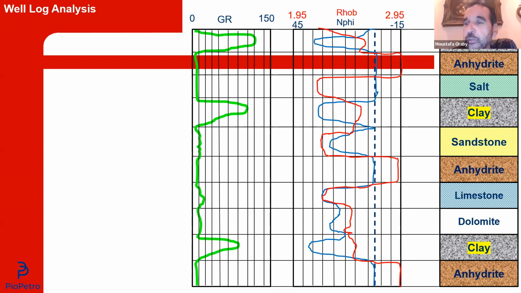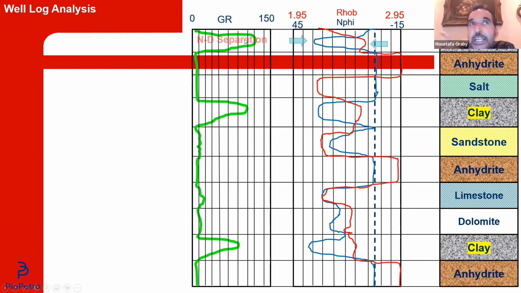From this point on, what I want you to get out of this comparison or this analysis I'm doing here is one thing. First of all, if I see the neutron going to the left and I see the density going to the right with a separation, that's exactly a clay zone.